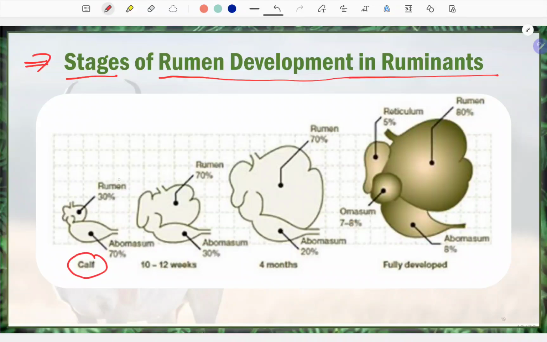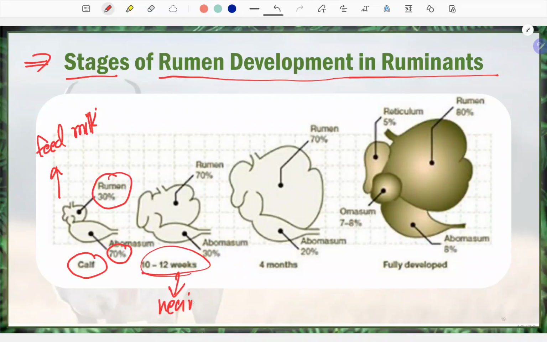As a calf, the rumen is only 30%, and the abomasum has a capacity of 70% because they feed only on milk. Okay, after this, at the weaning stage, the rumen develops to 70% and the abomasum stays the same size.